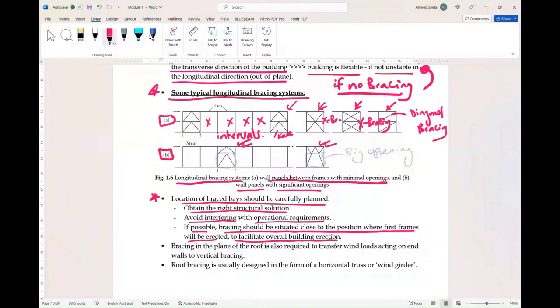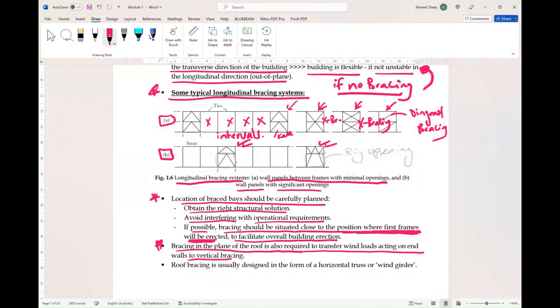So the best practice is to keep the bracing close to where the first frame will be erected, to facilitate the erection. Bracing in the plane of the roof is also required to transfer wind load acting on end walls to the vertical bracing.